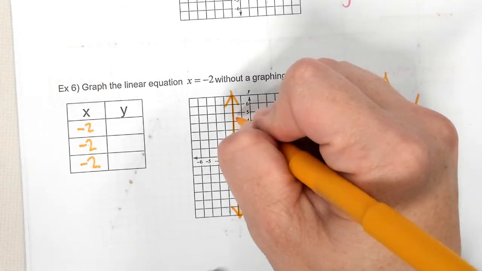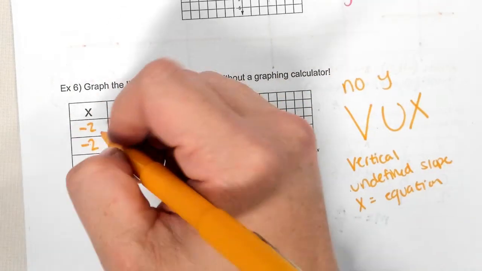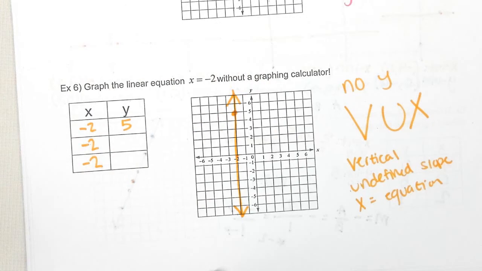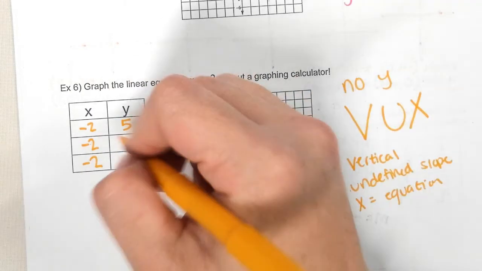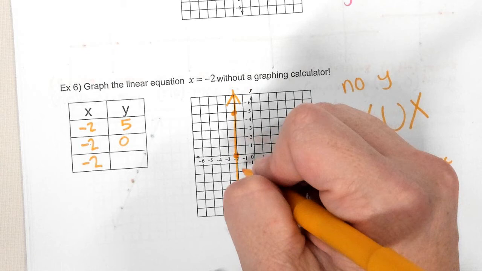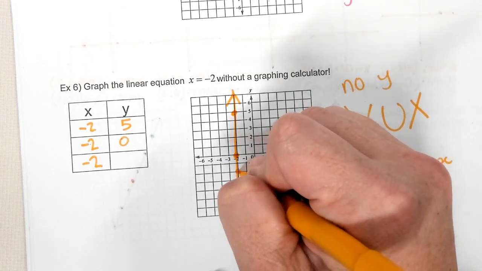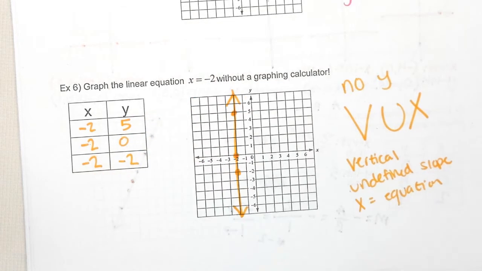So again, at 5, x is -2, at y is 5. At a height of 0, x was still -2, and at a height of like -2, x was still -2. Didn't matter the height.